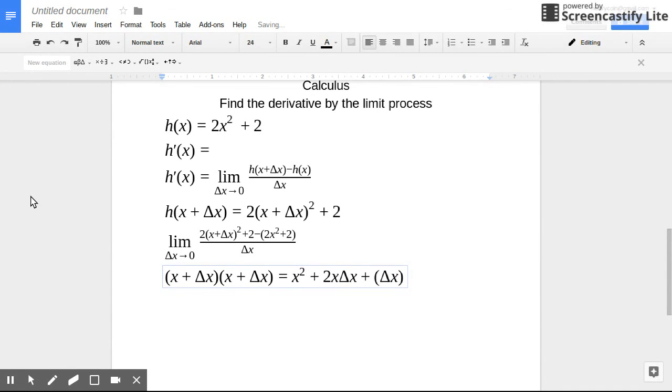So remember how we did that in the previous problem. So that's all multiplied out.